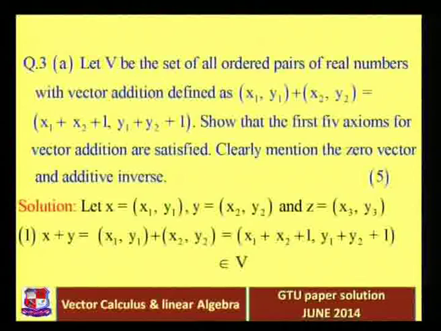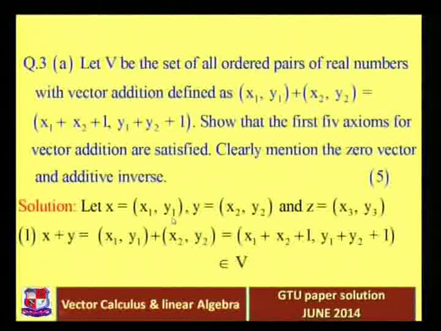The fourth is identity: there exists an identity element, we call it theta, such that x plus theta is equal to x. The fifth is inverse: for any x belonging to V there exists minus x belonging to V such that x plus minus x is equal to the identity element. So we have to prove all these 5 conditions. Let's check them one by one.